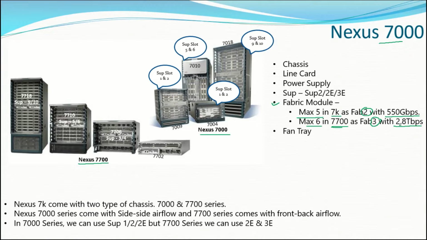It's much more advanced, much higher bandwidth. So whenever we decide which chassis we are going to use, always think about the backplane capacity we have. Based upon that, we decide.